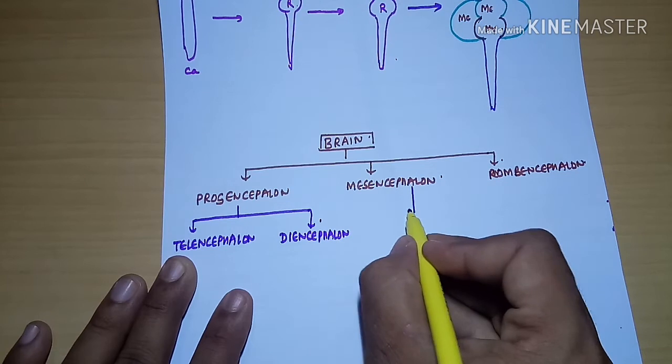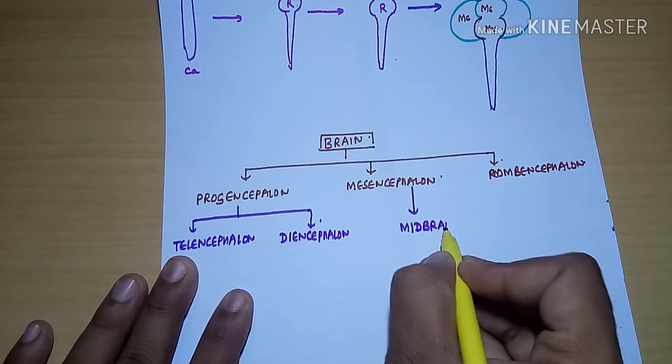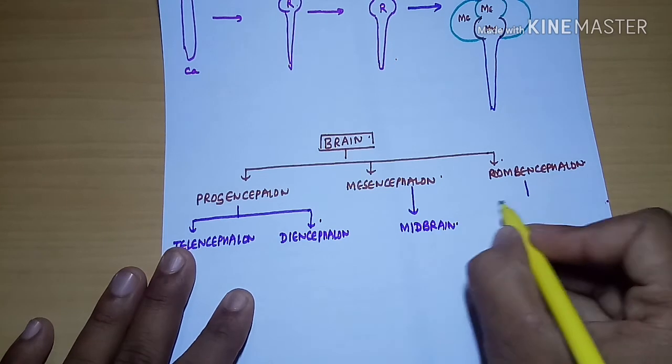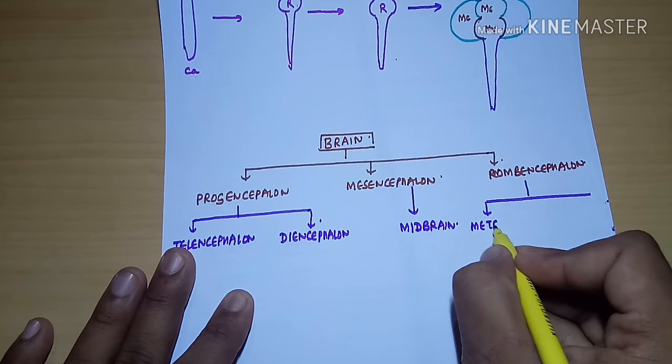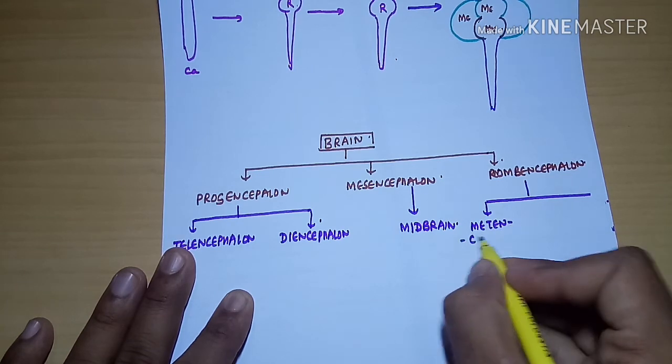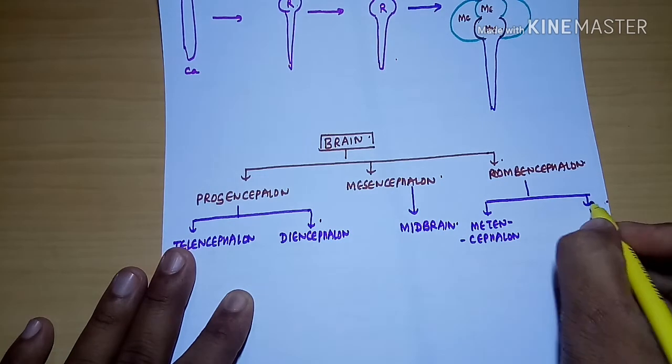And from the mesencephalon the midbrain is formed. And from the rhombencephalon two structures are formed, which are the metencephalon and myelencephalon.